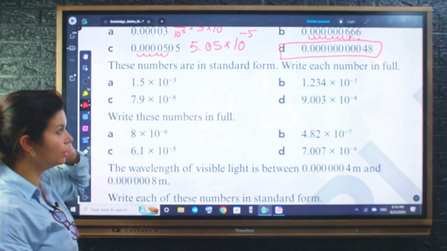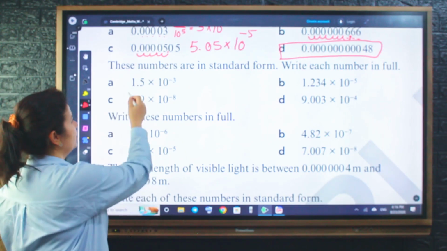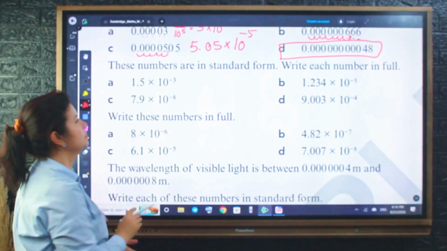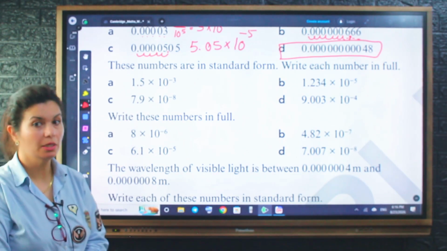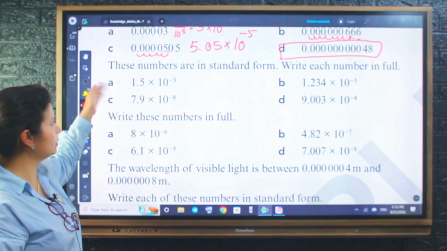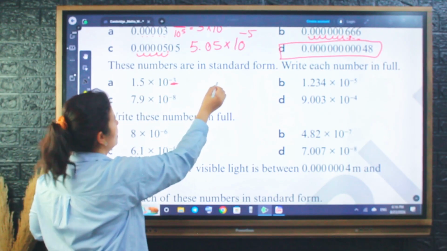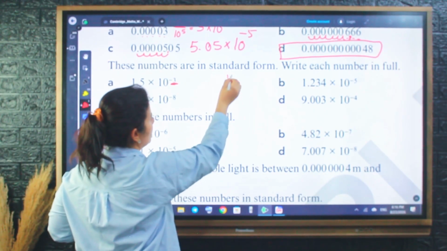Okay, guys, here we have 1.5 times 10 raised to power 3. That means we're going to take the point out or take it back by 3 places. So I'm going to write 15 here.